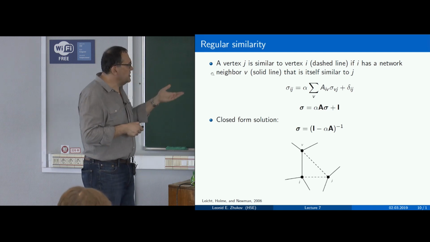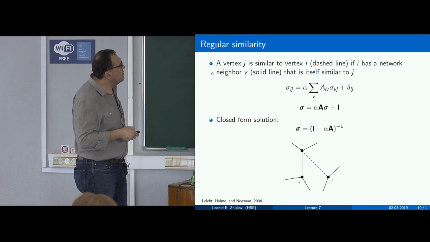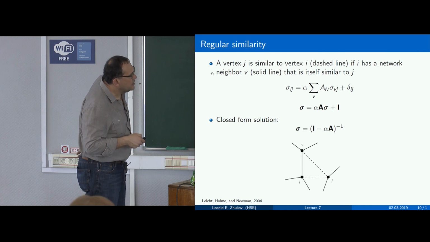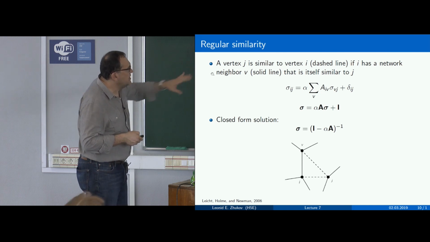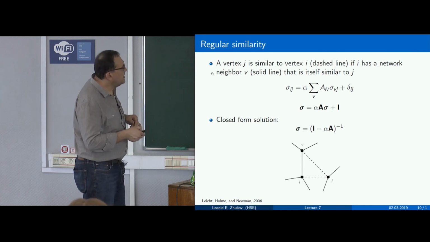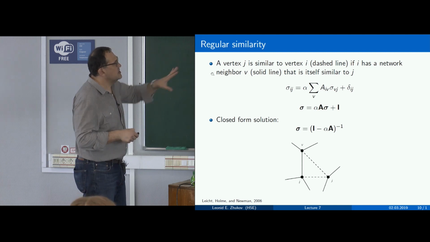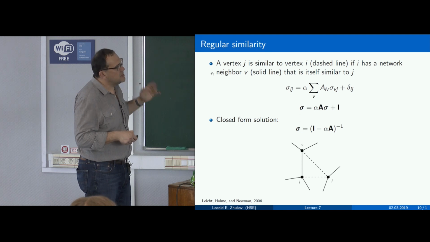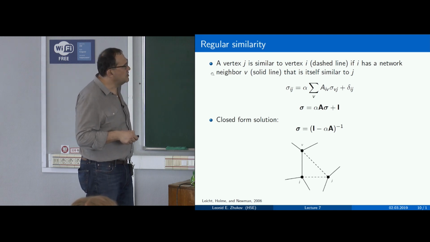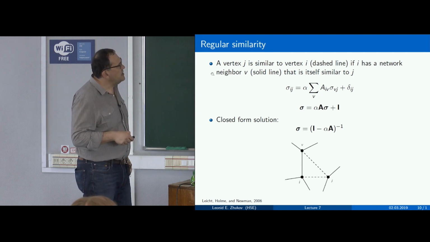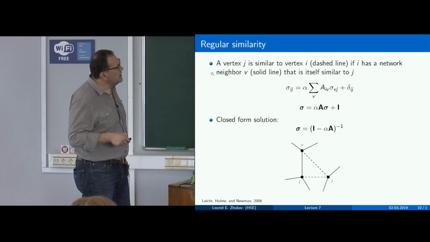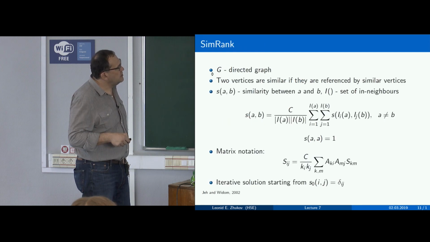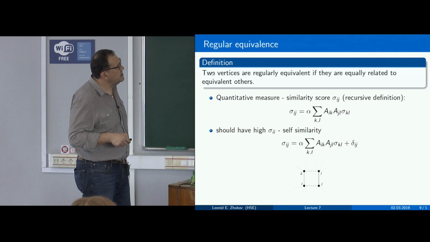So if you notice, I didn't put the name here. So this is what one guy is proposing. Here is yet another group of authors who proposed in 2006 the following definition of similarity, or again, equivalence of the nodes. The idea is that we calculate equivalence between nodes i and j.